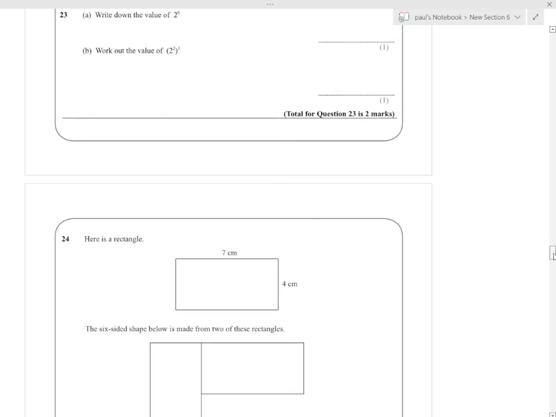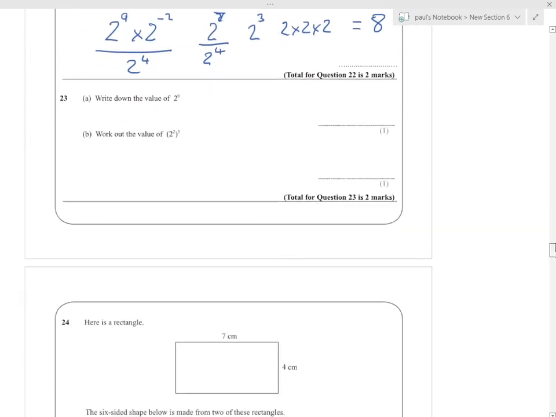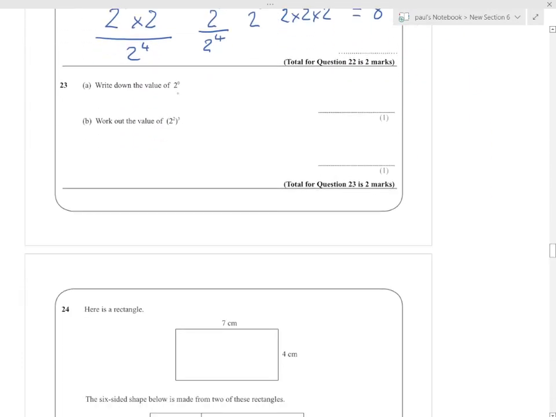Oh, have I gone too far? Write down the value of 2 to the 0. Anything to the power of 0 is 1. 2 squared, cubed. When you raise a power by another power, you multiply these numbers. So 2 times 3 is 6, which is 2 to the 6.